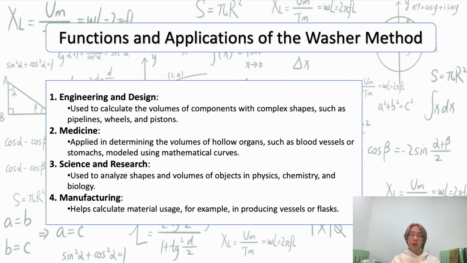We can also use it in medicine, applied in determining the volumes of hollow organs, for example, blood vessels, stomach, etc. We can also use it in science and research. It's used to analyze shapes and volumes of objects in physics, chemistry, and biology. And we can also use it in manufacturing. It helps us calculate material usage, for example, in producing vessels or flasks.